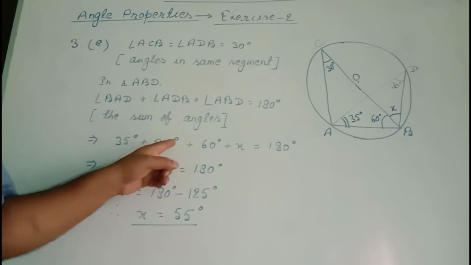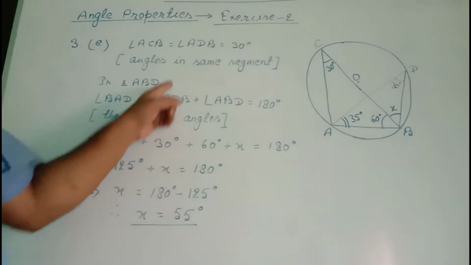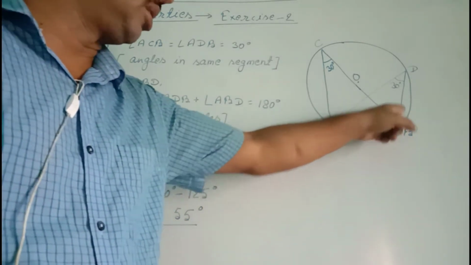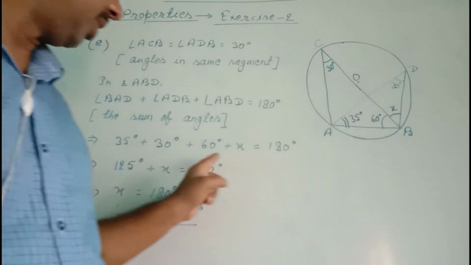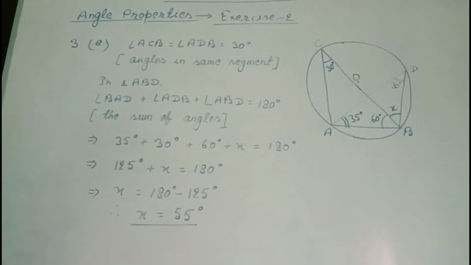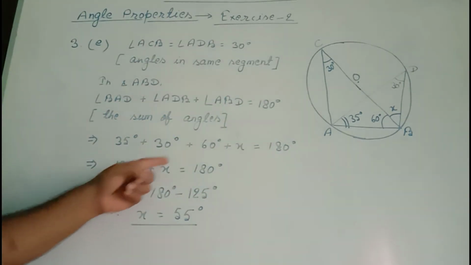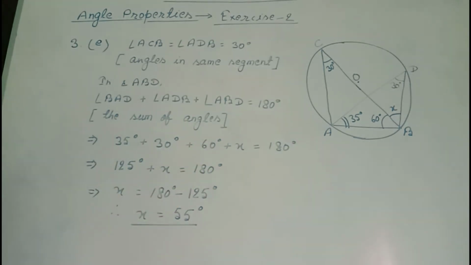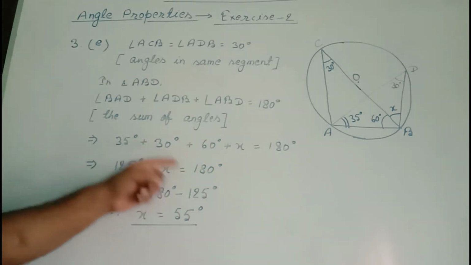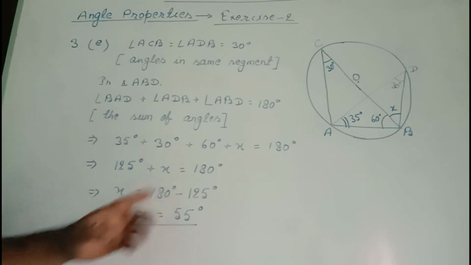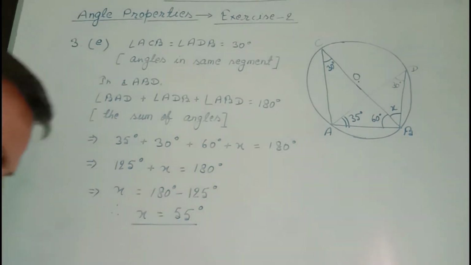BAD is 35, ADB is 30, that we have got from above, and this complete angle ABD is 60 plus x. So I wrote here 35 plus 30 plus 60 plus x equals 180 degrees. Then I added these three, 125 degrees plus x equals 180 degrees, x equals 180 minus 125 by the rule of transposition. So x equals 55 degrees. That is the answer.